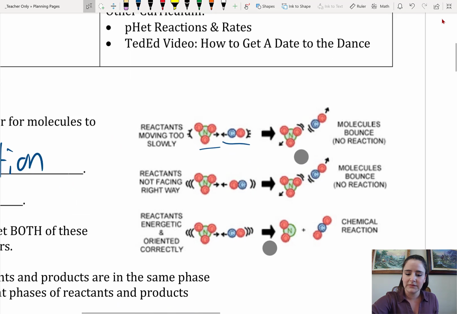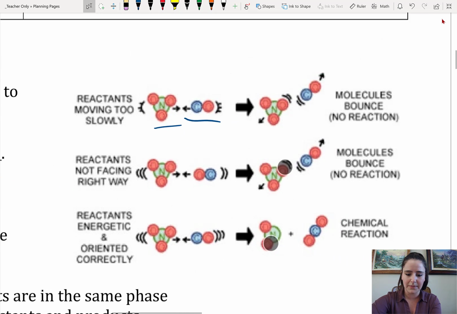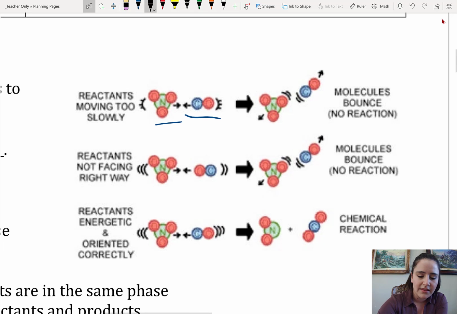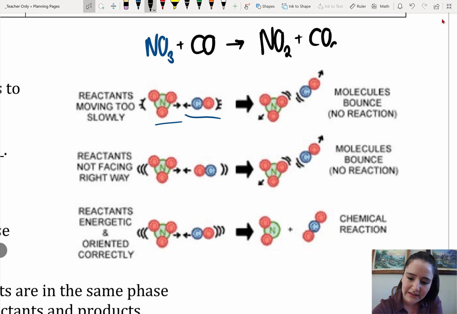For example, if we look at this particulate diagram right here, this is showing a reaction between NO3 and carbon monoxide, to produce NO2 and carbon dioxide, okay?